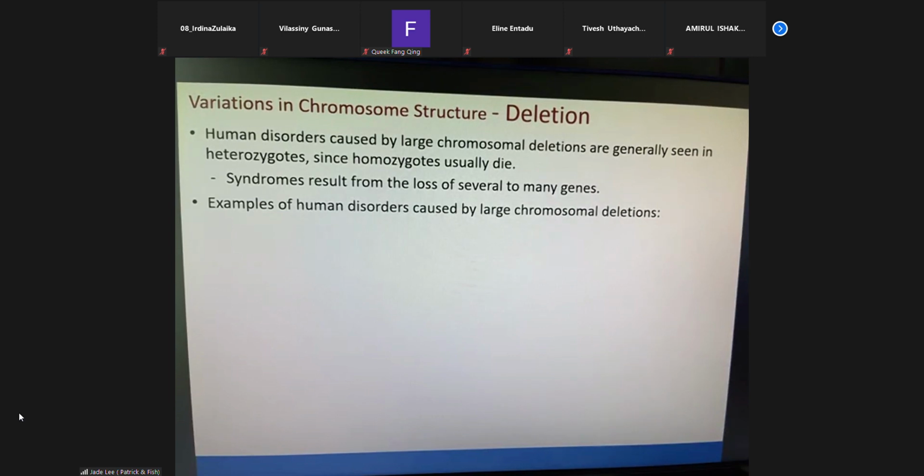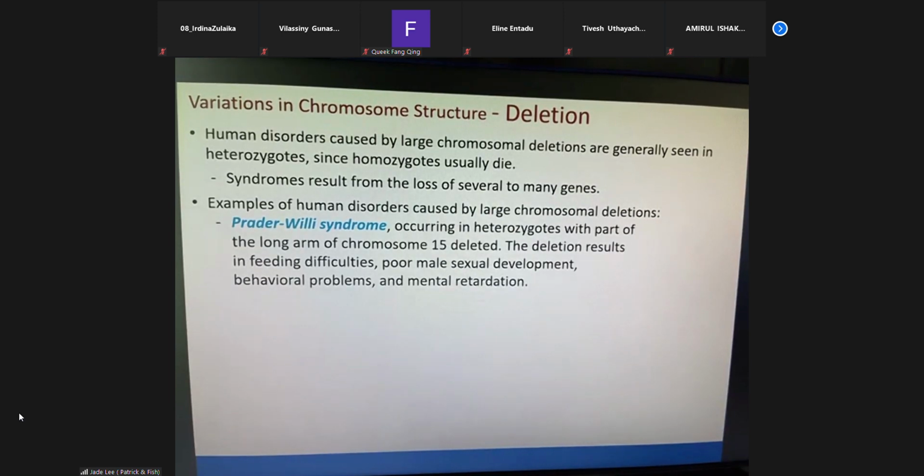Okay, so examples of human disorders usually caused by large chromosomal deletions. One is Prader-Willi syndrome. Prader-Willi syndrome occurs in the heterozygous state, where part of the long arm of chromosome 15 is deleted.